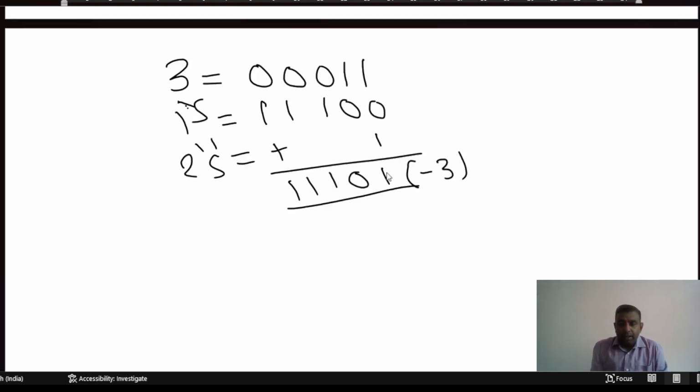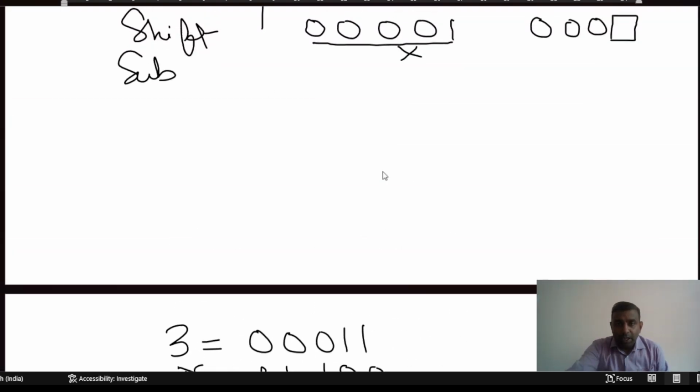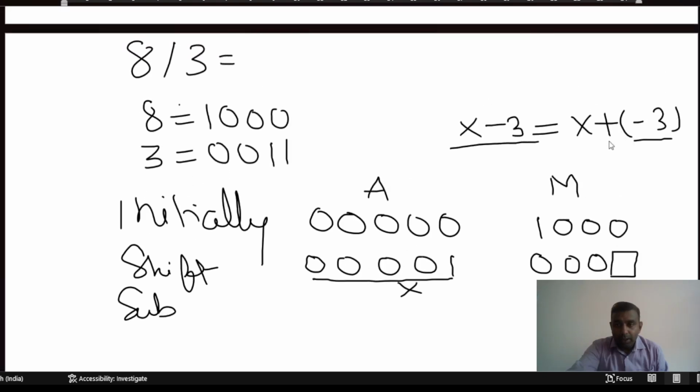if we get the representation of minus 3, now we need to perform only addition. You can see here we need to perform only addition.